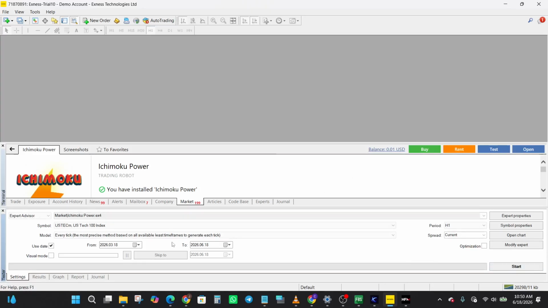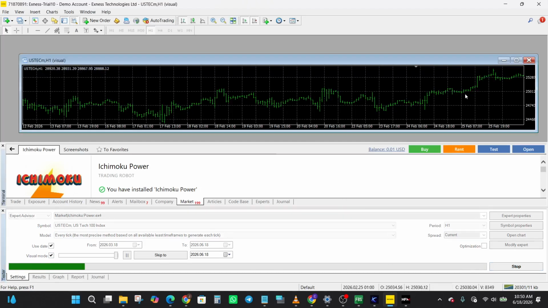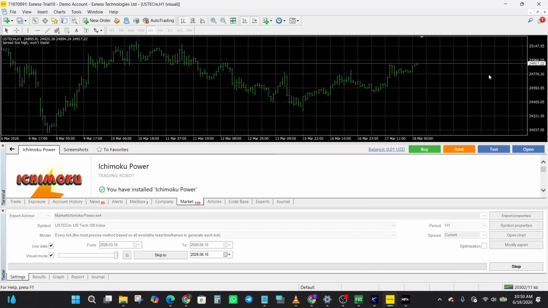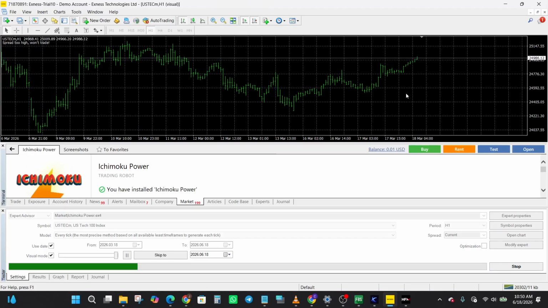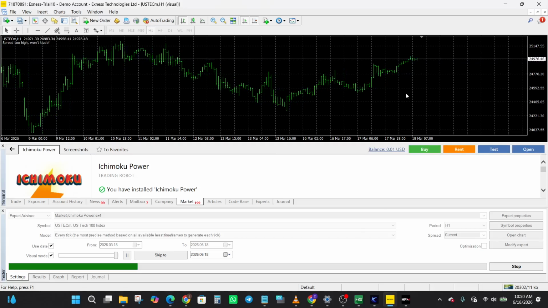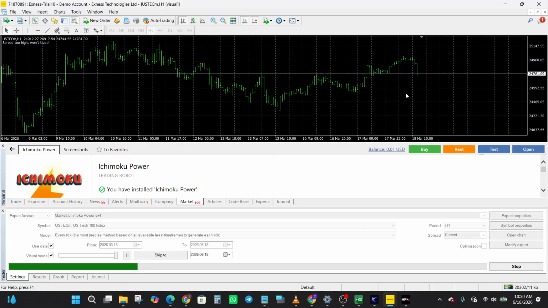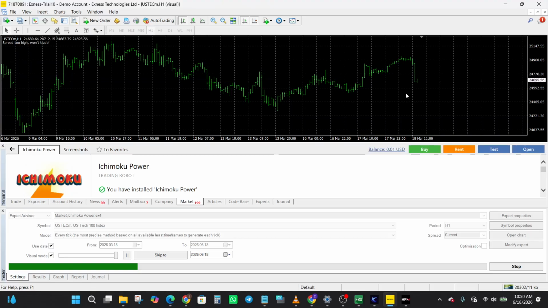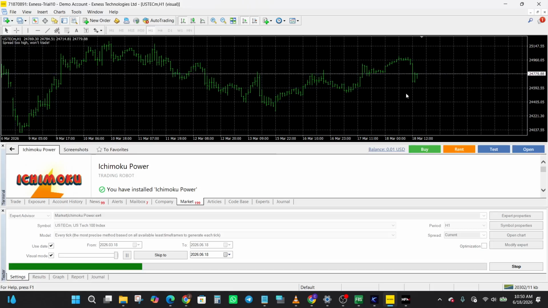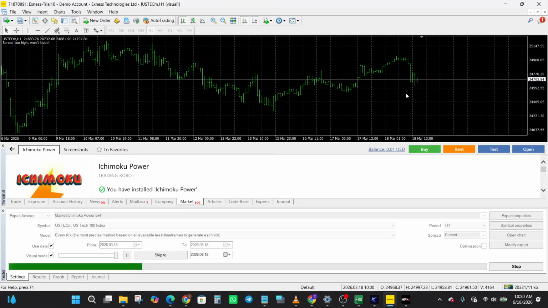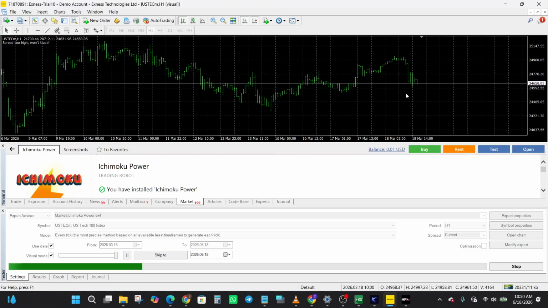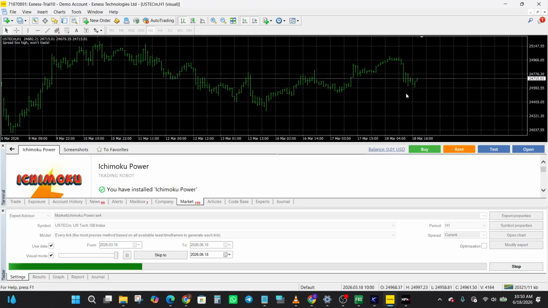Meanwhile, I'm also just going to turn on the visuals as well so that we can see how the EA looks in action. So when reviewing historical testing performance, it is useful to observe where trades were initiated, how positions were managed, and whether the behavior appears consistent throughout the testing period.